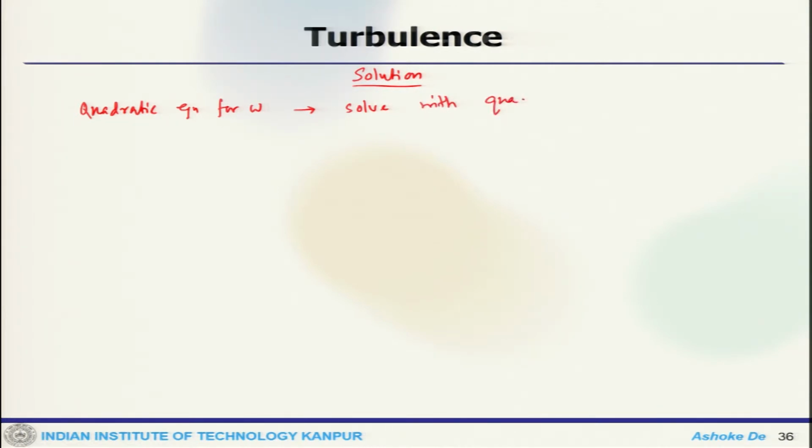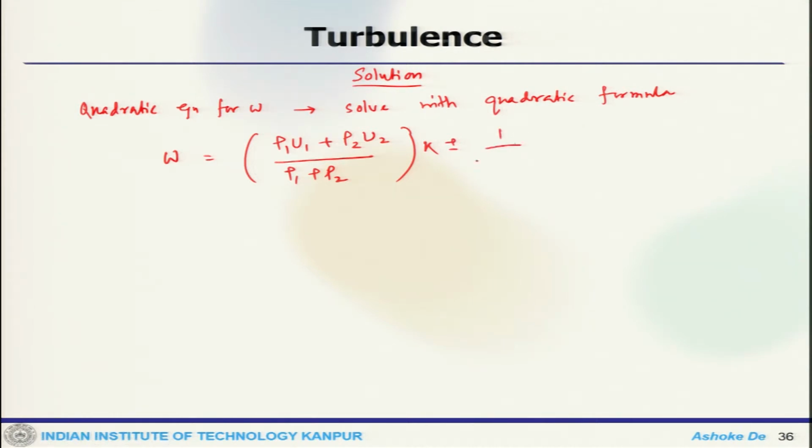which we solve with the quadratic formula. So, that will get me omega equals (rho 1 u1 + rho 2 u2) k over (rho 1 + rho 2), plus minus 1 over (rho 1 + rho 2) times the square root of minus rho 1 rho 2 k squared (u2 minus u1) squared plus (rho 1 + rho 2)(rho 1 minus rho 2) k g.